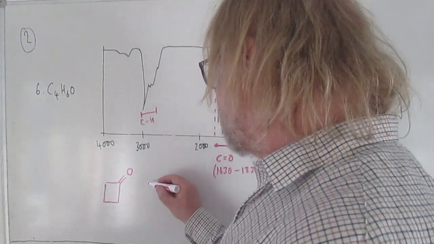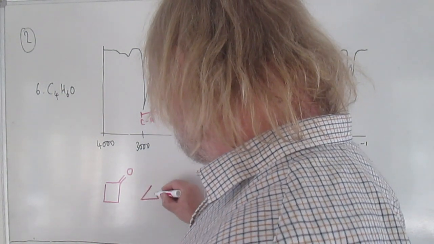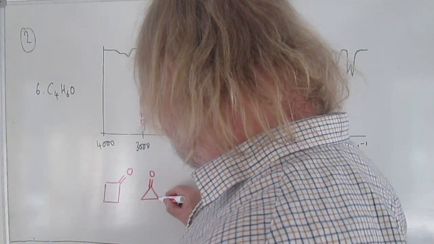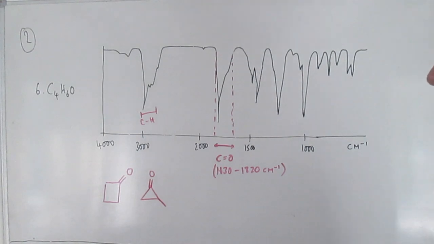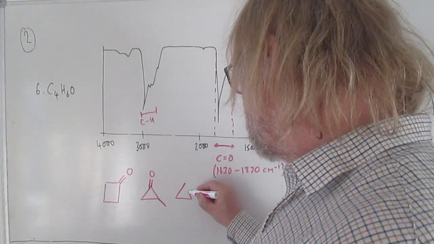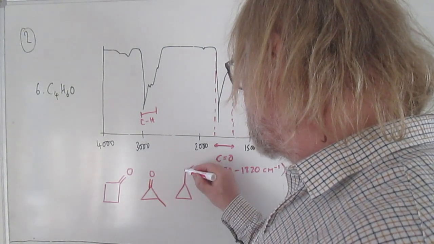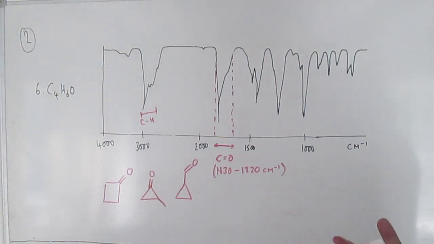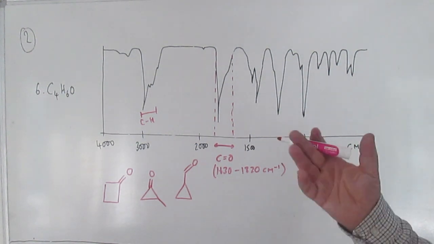Or you could have a ring of 3 with a carbonyl group on it and a branch, so that would also fit the spectrum. Or indeed you could have a ring of 3 with a branch and put the carbonyl group on the branch. So any of those would do as possible compounds that would fit the molecular formula and the spectrum.